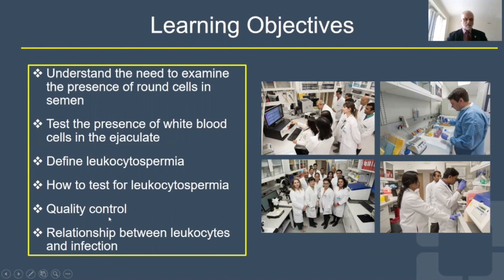And of course, when we test clinically, when we need quality control, and we also need to understand the relationship between leukocytes and an infection.